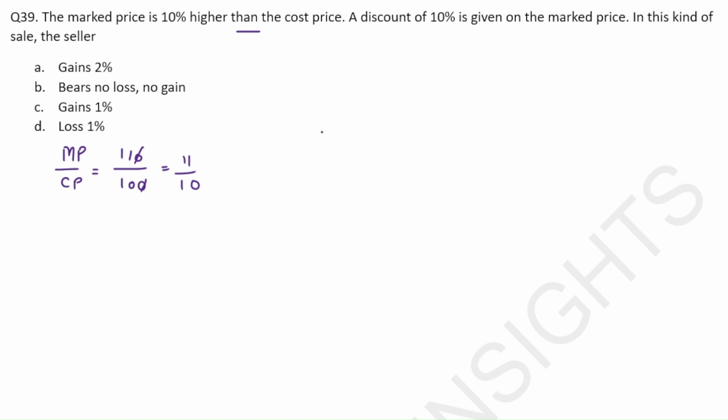That means discount is MP by SP. So if mark price is 100, the discount of 10% means the selling price will be 90, right? So convert into simplest form, 10 by 9. So we have to find whether the seller is getting gain or loss. So that means we don't need mark price in this question. So that means MP by CP equal to how much?